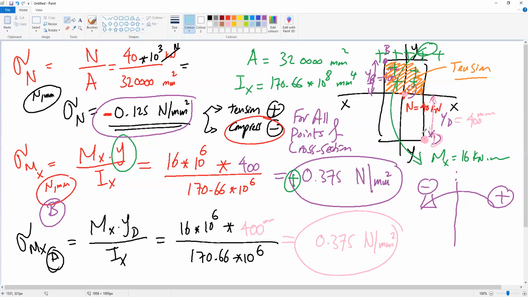If you look here, this bottom part of the cross section below the datum is under compression, because this is the moment head. The moment head is causing compression. So all the bottom part is under compression, so the sign of this stress is negative because it is compression. So the top point B is under tension, point D is under compression.